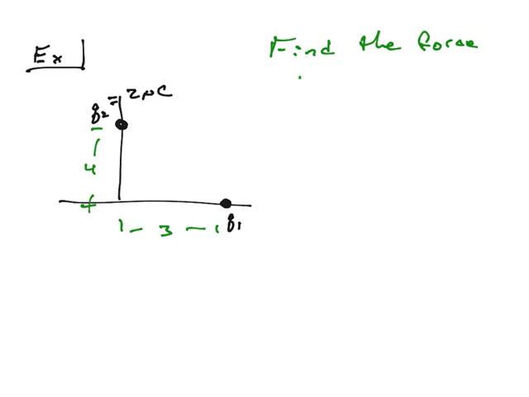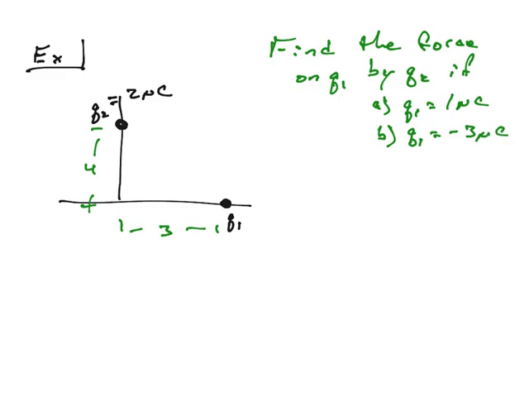Find the force on Q1 by Q2 if Q1 is 1 microcoulomb, Q1 is minus 3 microcoulomb, Q1 is 2 microcoulomb.